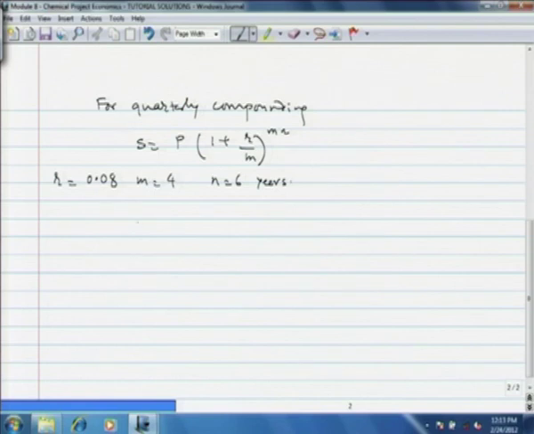We substitute values and then find that the deposit value is 16084.37. So, we have the three answers for continuous compounding, daily compounding and quarterly compounding. So, that completes problem 1.